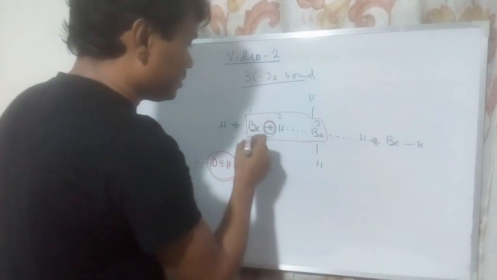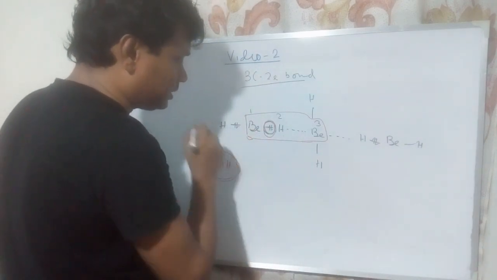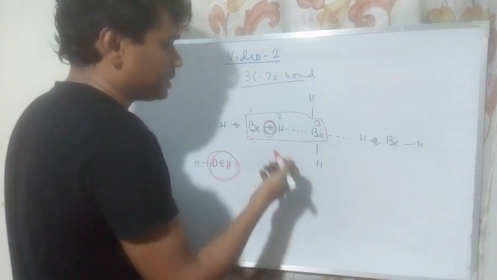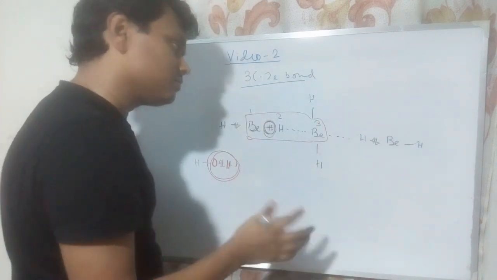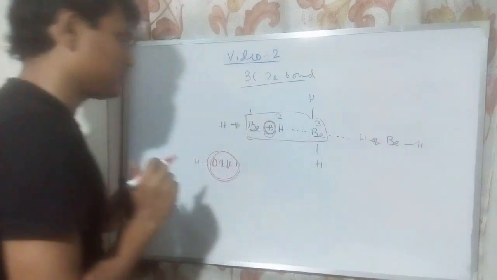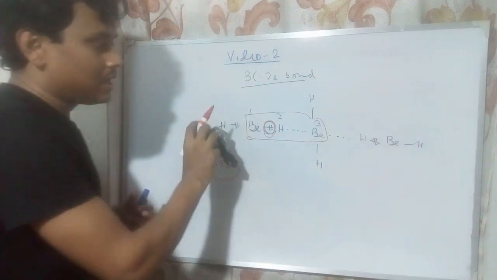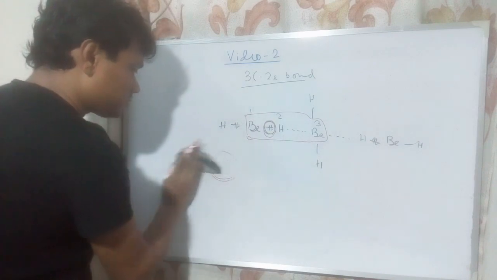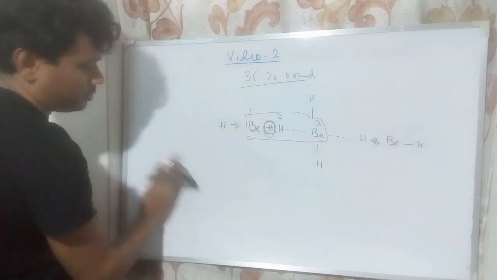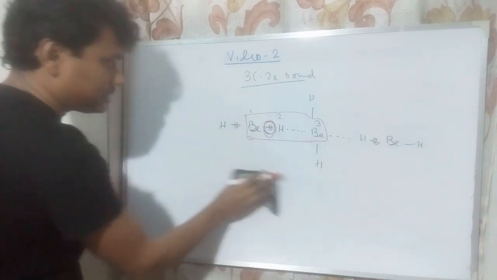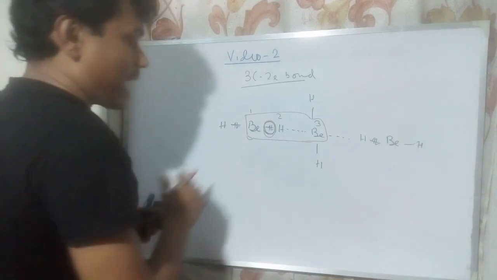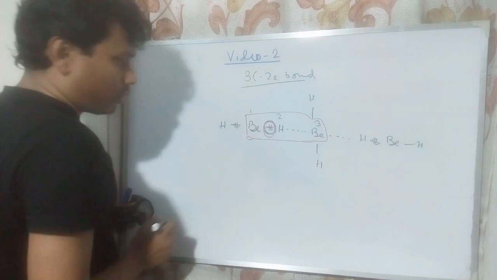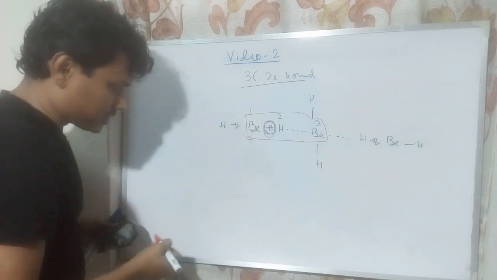But when they did not have anything, meaning highly deficient, to counterbalance the deficiency, they are distributing electrons. So they are somehow stable. We can consider it in that way. This material is stabilized by this 3 center 2 electron bond, and this bonding results in a polymeric structure of beryllium hydride. Another example, it's a very important type of bonding, that's why I am explaining.